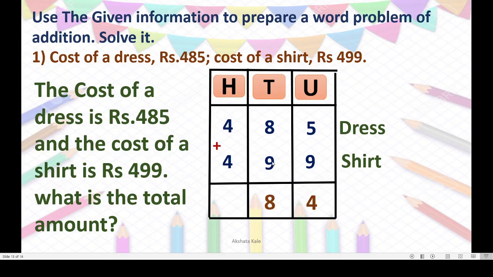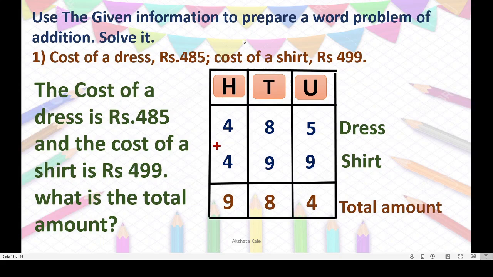You have to remember this. Okay, then here 8 plus 9 plus 1, that is 18. So 8 is written here. Again 1 is carried over. 1 plus 4, that is 5, plus 4, that is 9, correct? So 984 is our total cost or total amount, right?